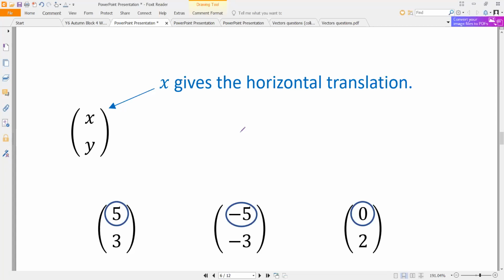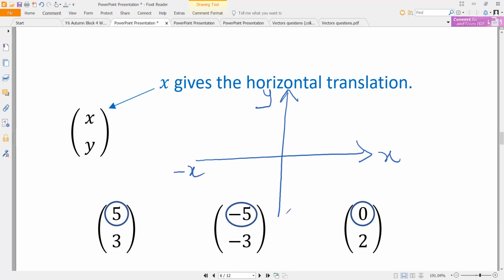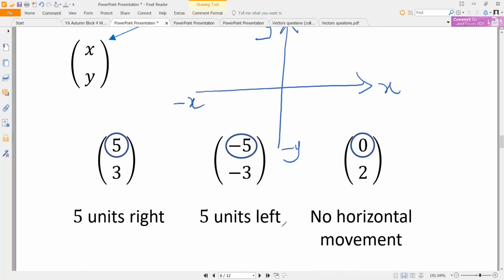But if you're sliding up, that is positive y, and then you're sliding down, that is negative y. So if you remember your Cartesian coordinates or your Cartesian plane, you have the y-axis, you have the x-axis. So this is going to be the negative x, this is going to be the negative y. So 5 units right, that's the meaning.